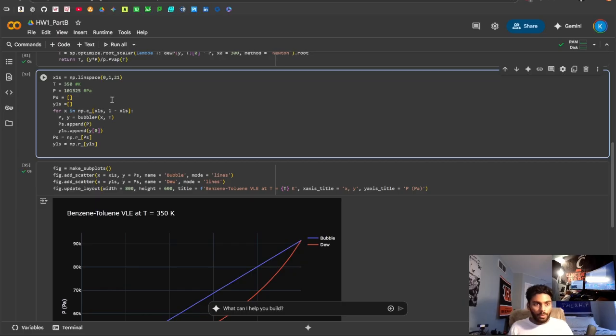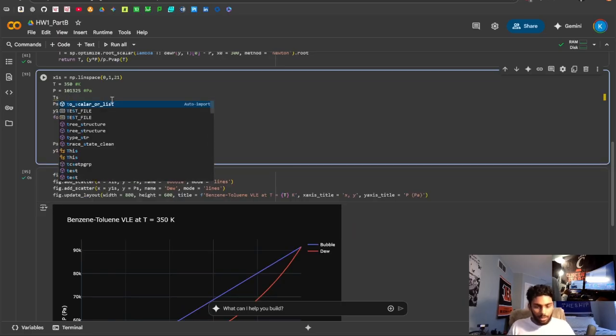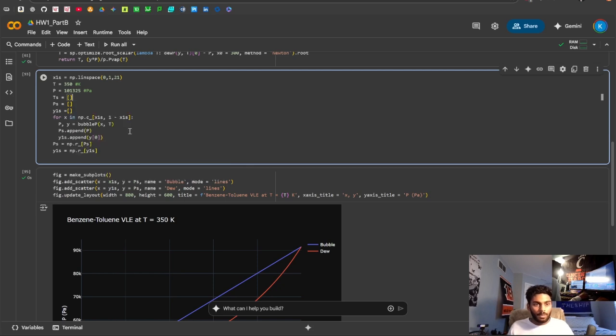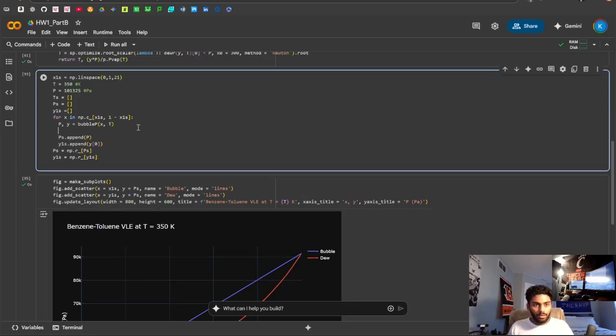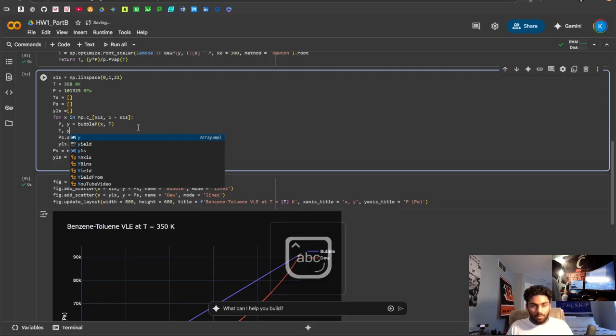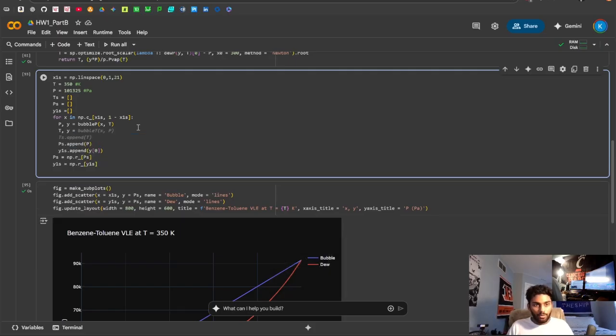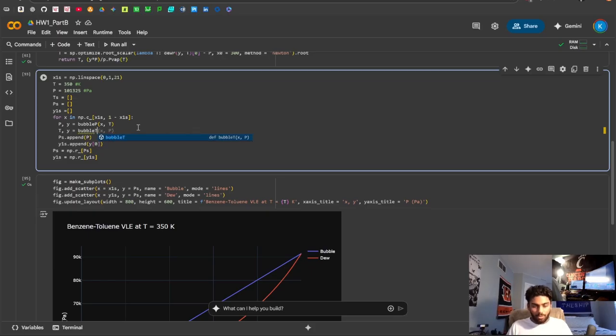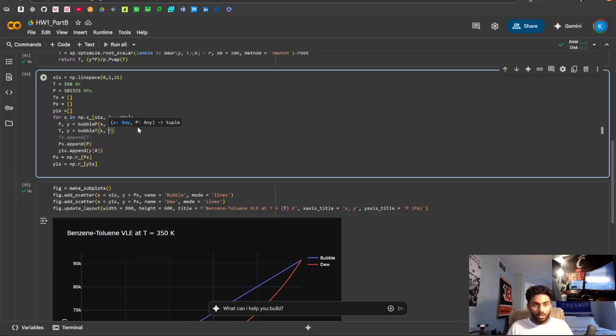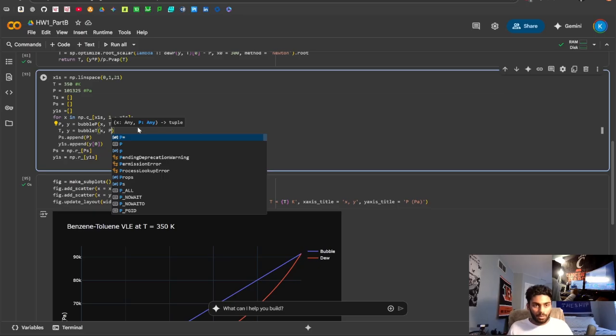And I'll open up a new array for our T's. And I'll do another calculation here for our T and our Y's based off our bubble temperature calculation. Bubble temperature has inputs of our compositions and our pressure.